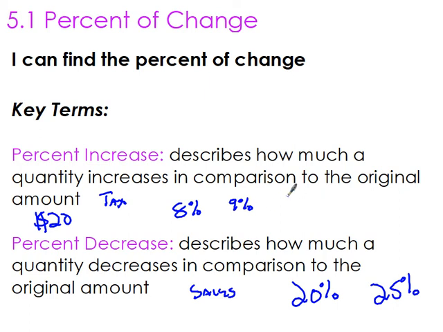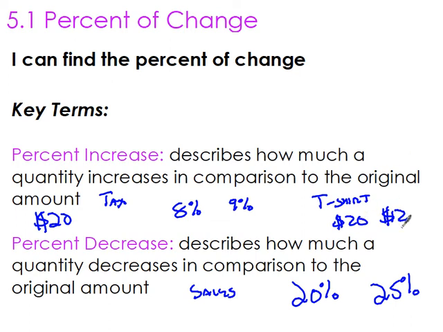We also see percentage increase with markups. People will mark stuff up by a certain percentage in order to make money off of it. When you see a t-shirt being sold at a store for $20, they probably didn't pay $20 for that t-shirt initially. They might have only paid $12 for it, so they increased it by $8.